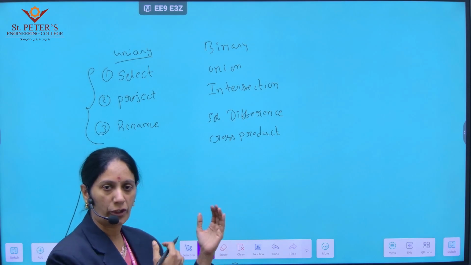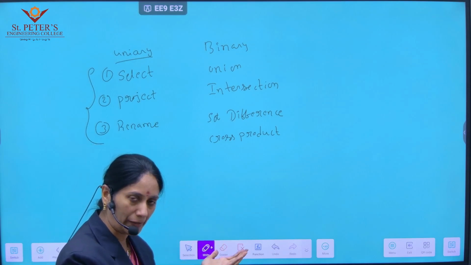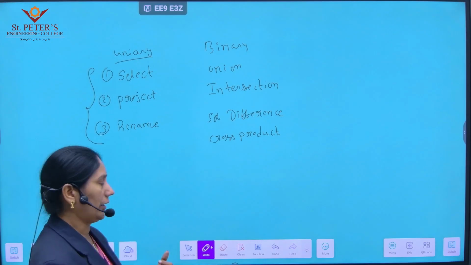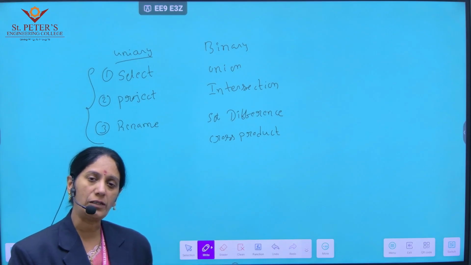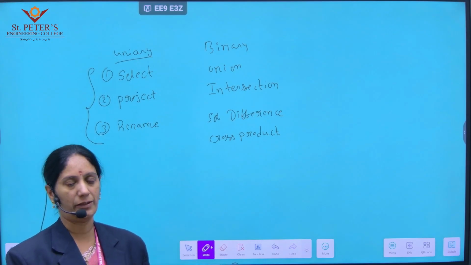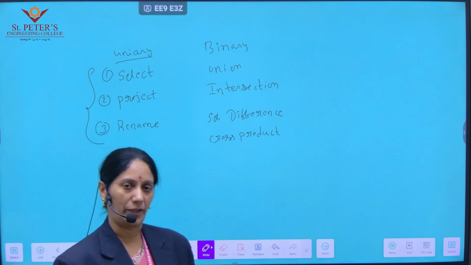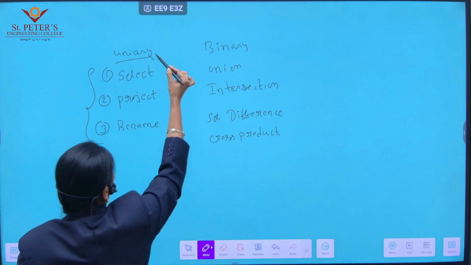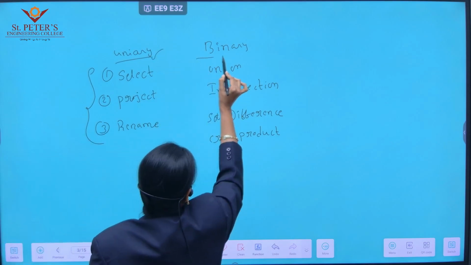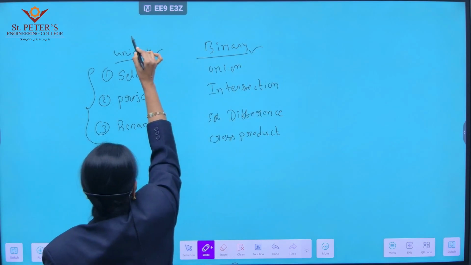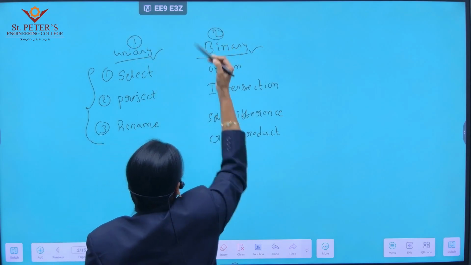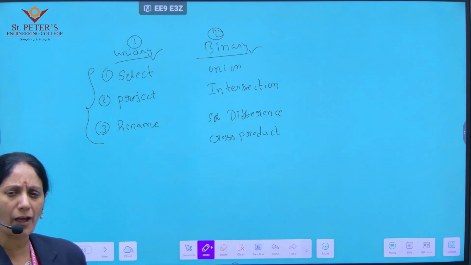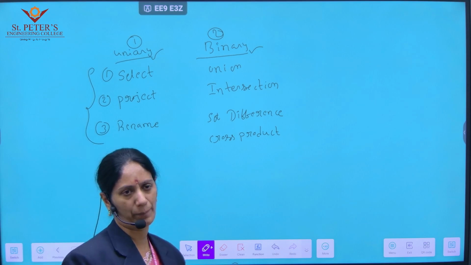Coming to the topic, relational operations. There are some different types of operations. The first is the unary operation and the second is the binary operation.